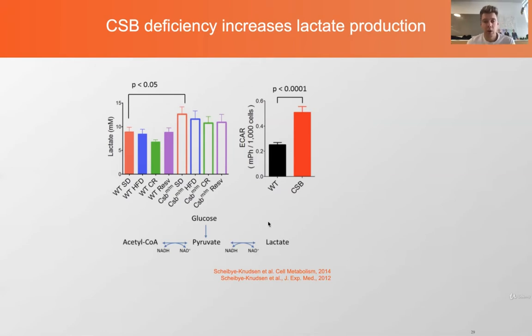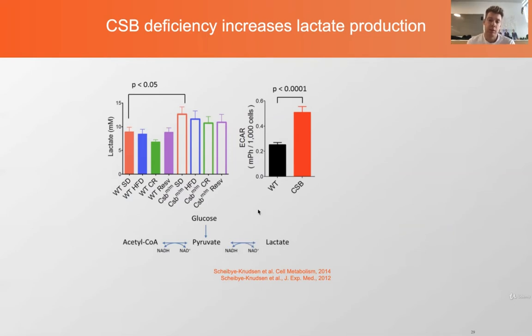So just to remind you how lactate is produced, glucose is converted to pyruvate through glycolysis, and pyruvate can then be transported to the mitochondria and converted into acetyl-CoA, or be converted into lactate. And this conversion very much depends on the NAD/NADH ratio.